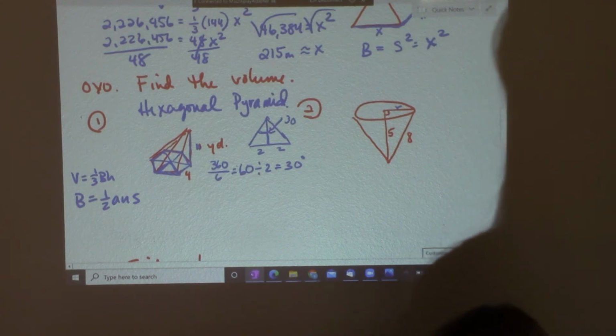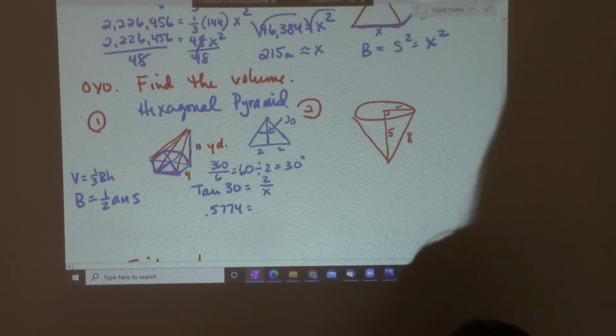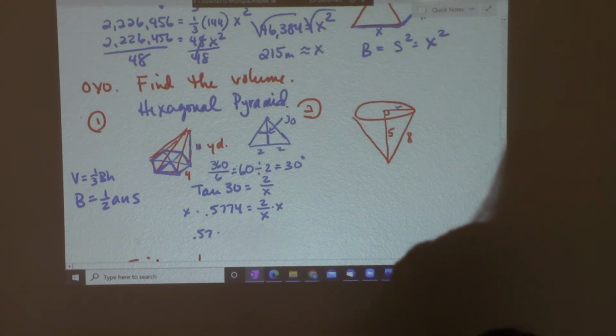So be careful, don't use 4 in your trig function. So I'm going to have tangent of 30 equals 2 over x, opposite over adjacent. And the tangent of 30 is 0.5774. Okay, I need to get x alone. So first I have to get it out of the denominator. So I've got 0.5774x now equals 2.